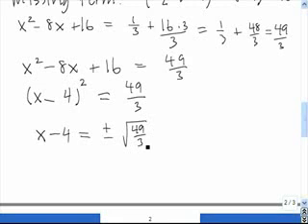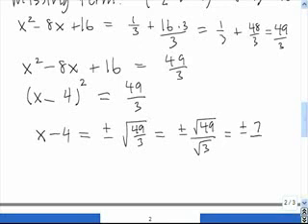We can simplify this square root of 49 divided by 3. It's the square root of 49 divided by the square root of 3. The square root of 49 is 7. And now we have to rationalize this denominator. So we take square root of 3 on the bottom, square root of 3 on the top, and multiply.